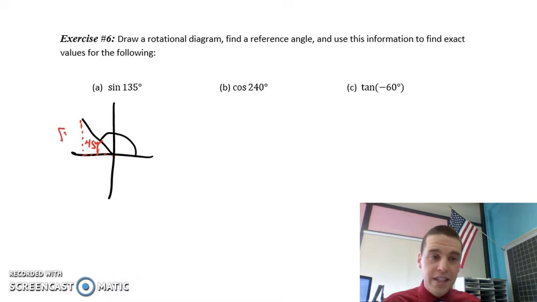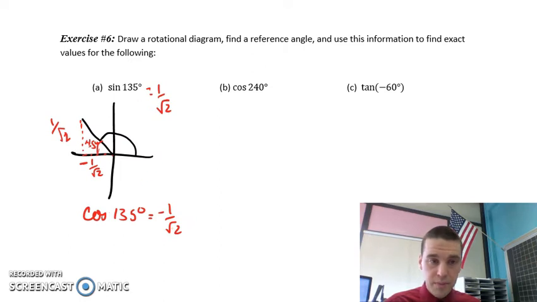Which means that this is 1 over square root of 2, and this side is 1 over square root of 2. The sine value, because sine of 135 is the y value, we know that this is equal to 1 over square root of 2. One of the things that we can look at is what would the cosine be? Well, we know since it's in the second quadrant, it would be negative 1 over square root of 2. Again, all based on the location of this triangle, and knowing that our reference angle is 45 degrees, we can create our 45, 45, 90 triangle.